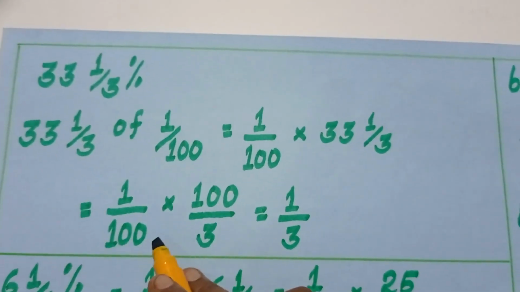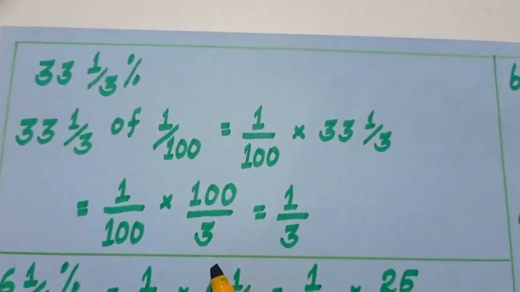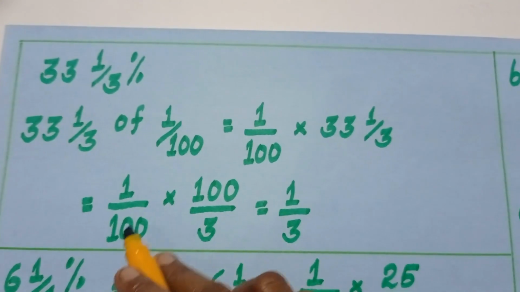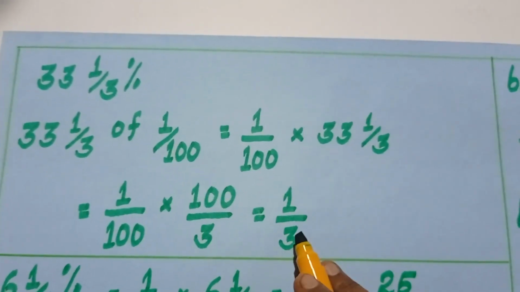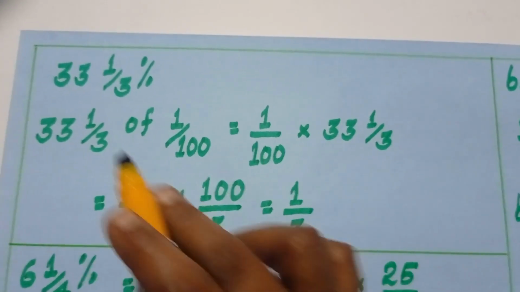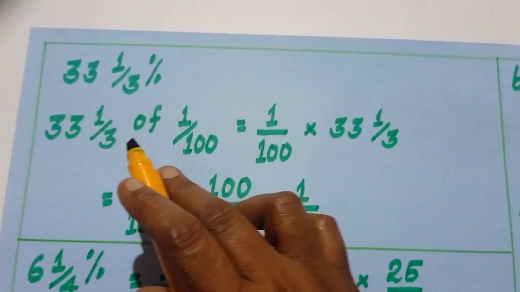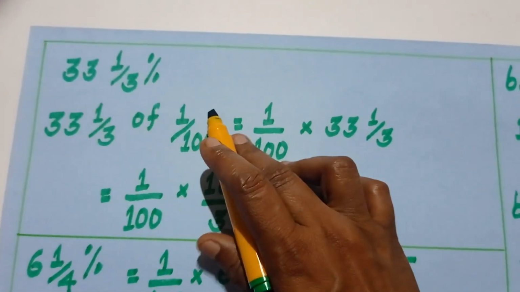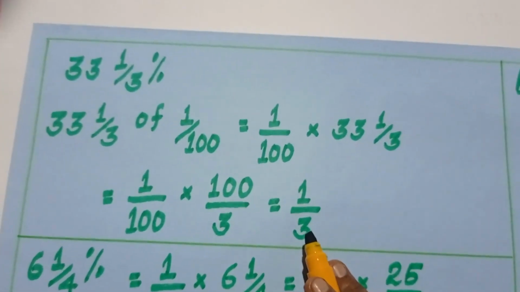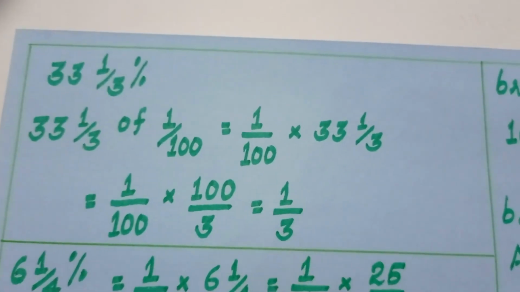Then cut this 100 and this 100, 100 divided by 100 is 1. Then 1 into 1 by 3 is 1 by 3. So 33 and 1 by 3% of something means 1 by 3 of that.